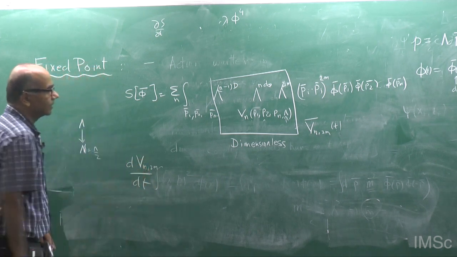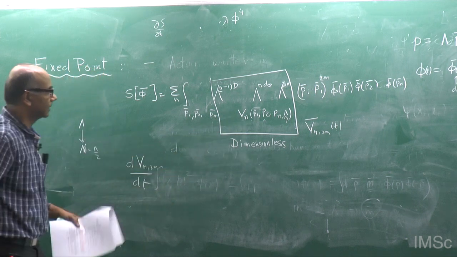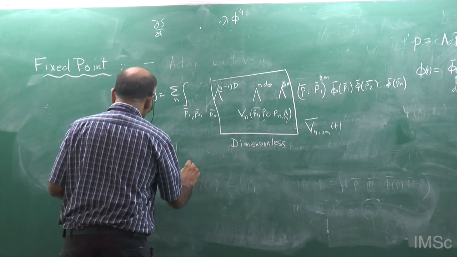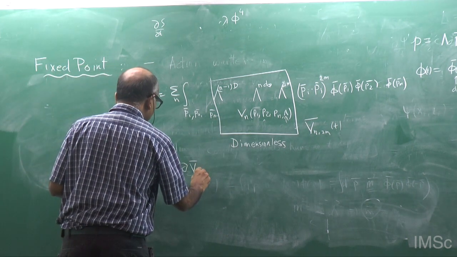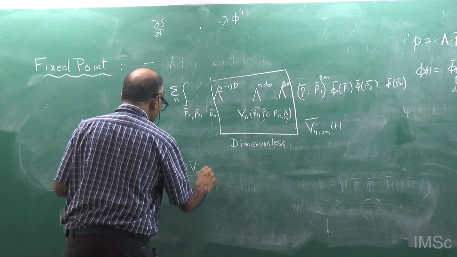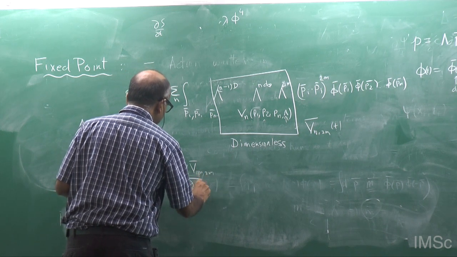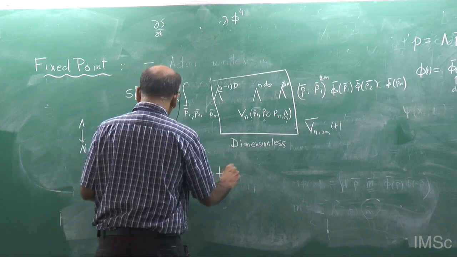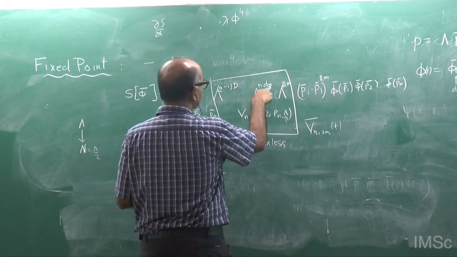So this is this guy, is dV bar_{n2m}/dt plus all this dependence.